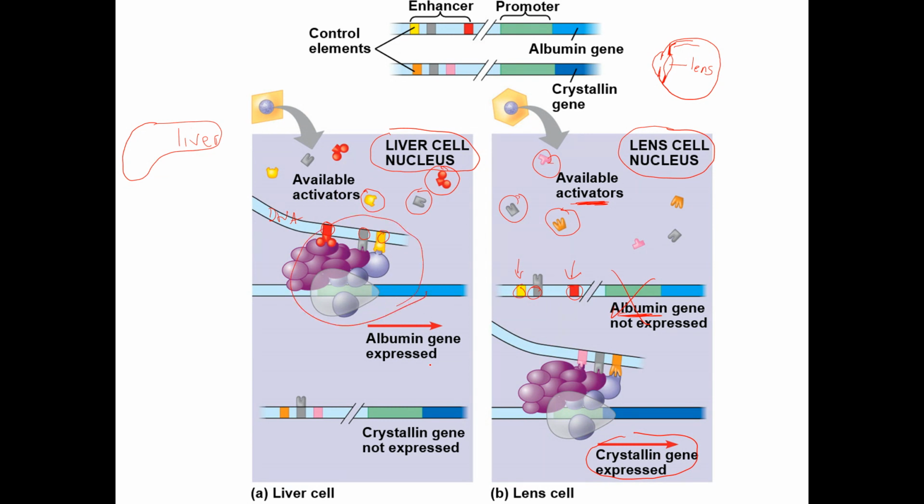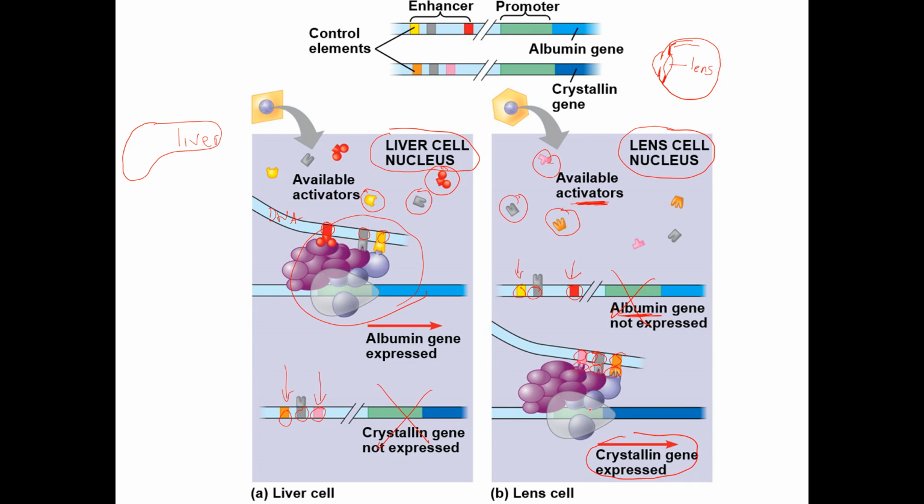So cool. The crystallin gene, though, has different enhancers. And these two don't have activators on them. So the crystallin gene is not expressed in the liver cell, which is good because you don't need it there. And the enhancers for this gene do have activators that are present in the lens of the eye.